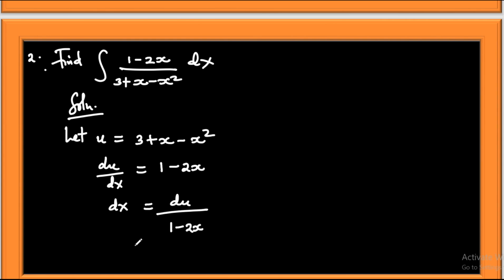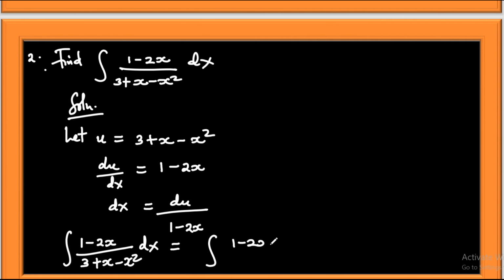And from here, we go back and do the substitution. The integral of (1 minus 2x) divided by (3 plus x minus x squared) with respect to x is equal to the integral of (1 minus 2x) divided by u, because we called the whole denominator u.